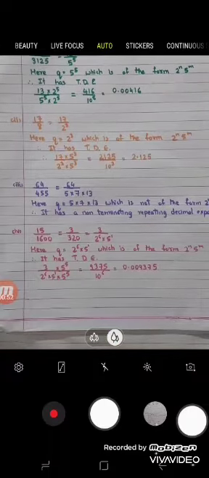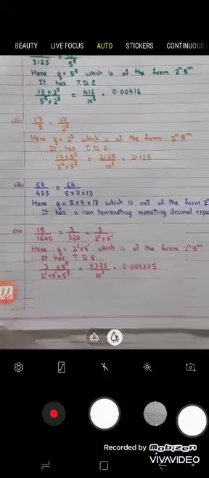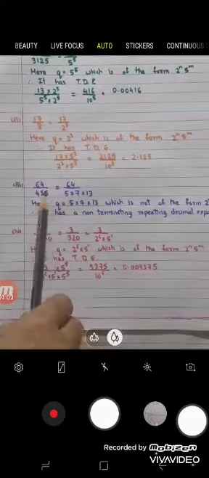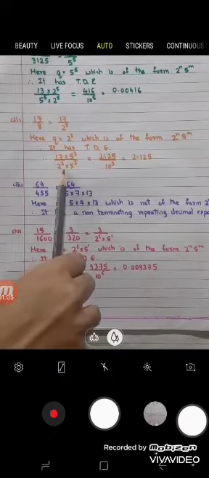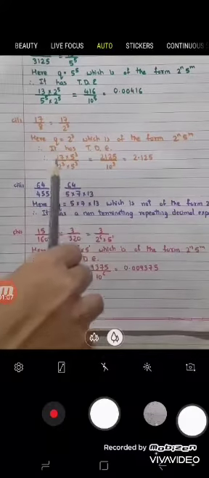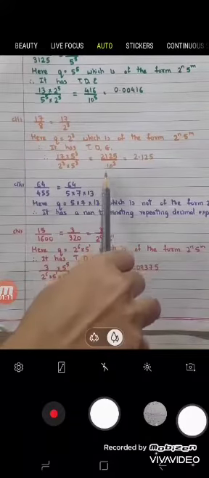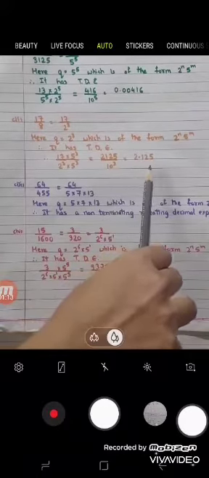That means it has terminating decimal expansion. We have to convert it into decimal. So 2 raised to 3 we have to make 10 raised to 3, so we multiply by 5 raised to 3. So 17 into 5 raised to 3 is 2125 upon 10 raised to 3, which is equal to 2.125.